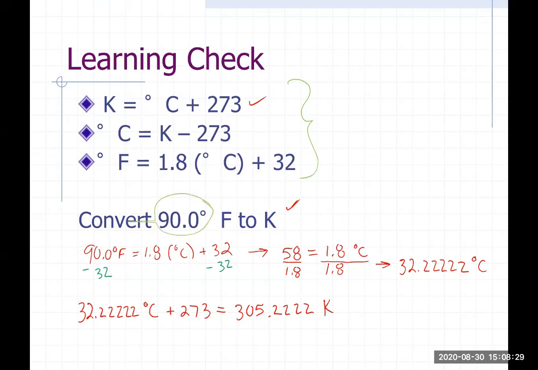The only one I have is 90.0. Because there's a decimal, the trailing zeros count. So this is 3 sig figs. So 1, 2, 3 sig figs is what I need. I look at this digit, it's 4 or less. So I'm going to just drop all of those digits, and my answer becomes 305 Kelvin.